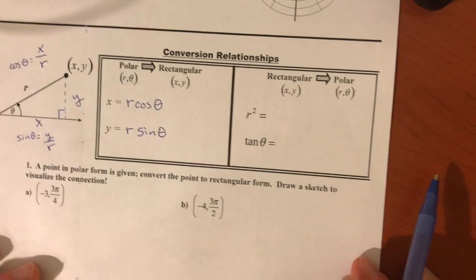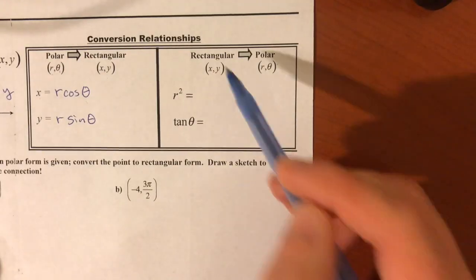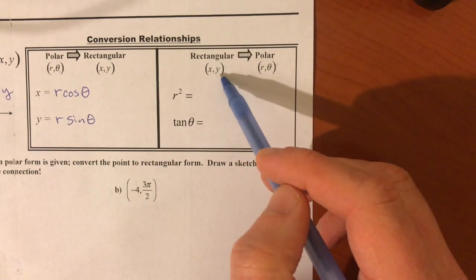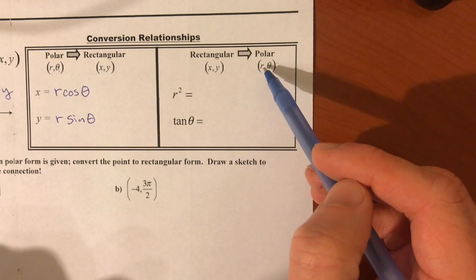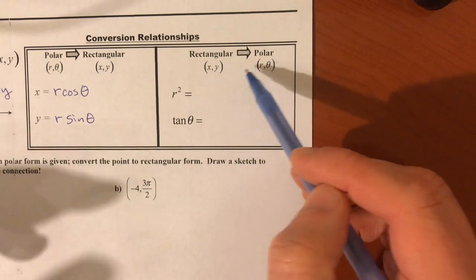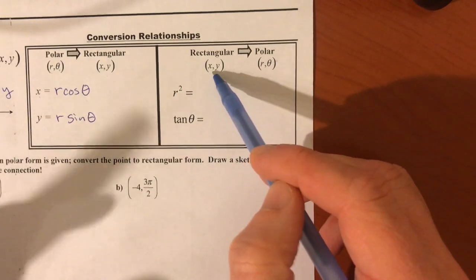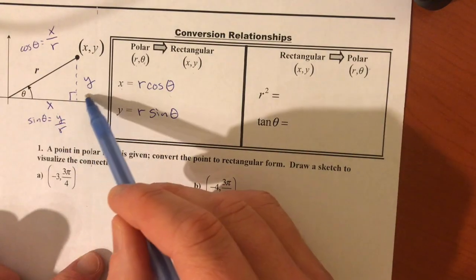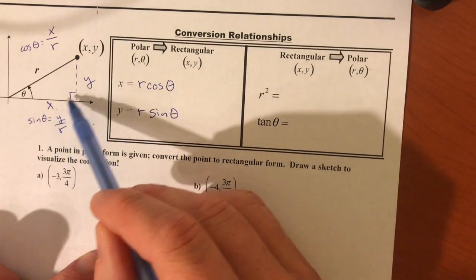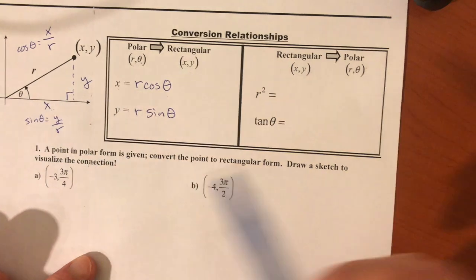And that's that. If you're going the other way around, if you have the rectangular coordinates, you have x and y, and you're trying to convert to polar form, well, you need the r and you need the theta. How do you get r if you have x and y? Well, that's just keeping in mind this relationship. X squared plus y squared equals r squared.